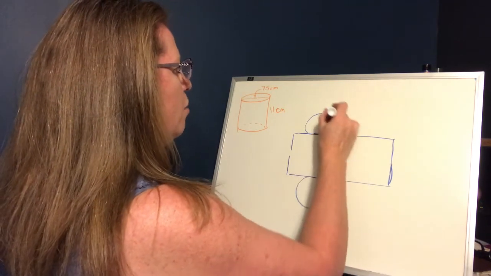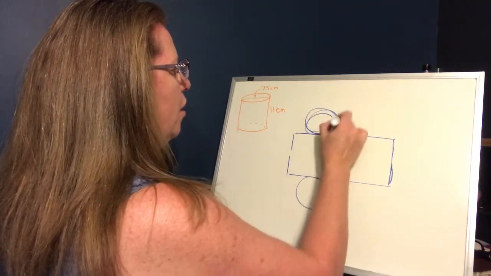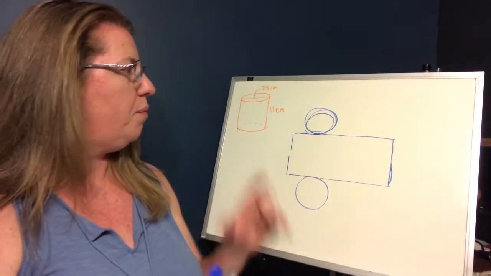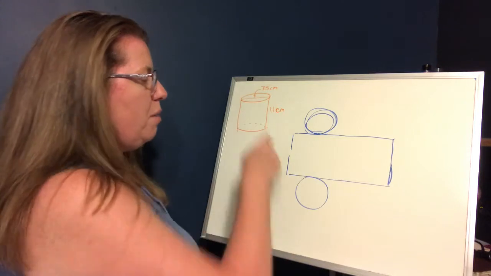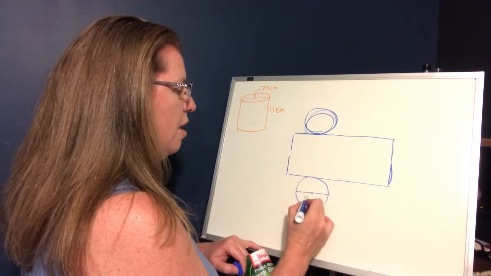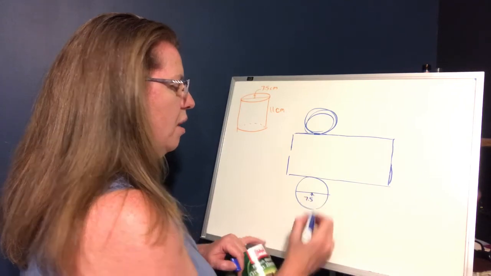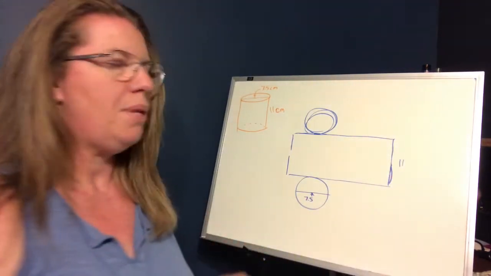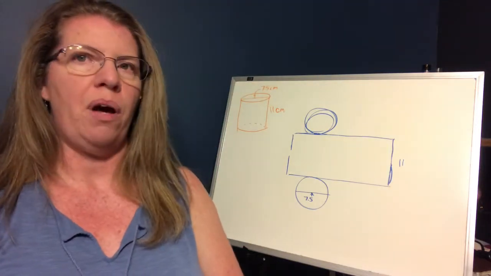Pretend they look the same. Those are the two bases here. We know from our dimensions that we measured the diameter is 7.5 right here, and the height is 11, but we're missing one piece of my rectangle.